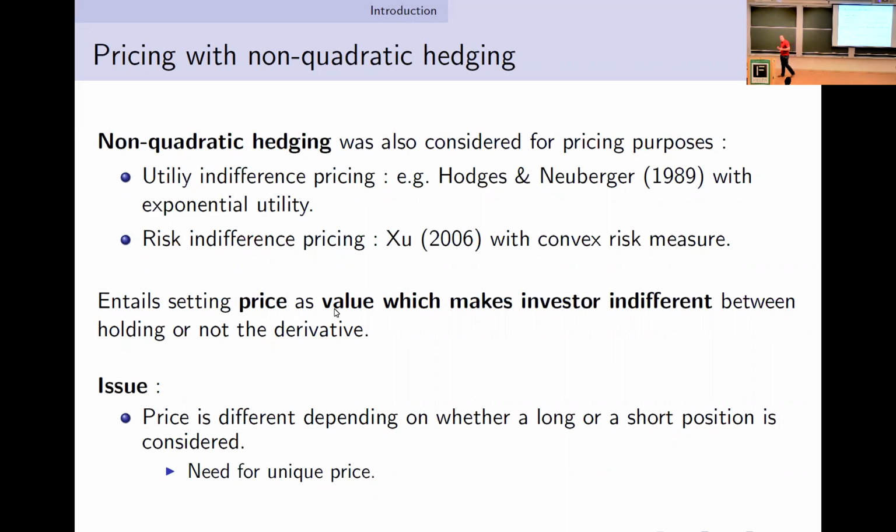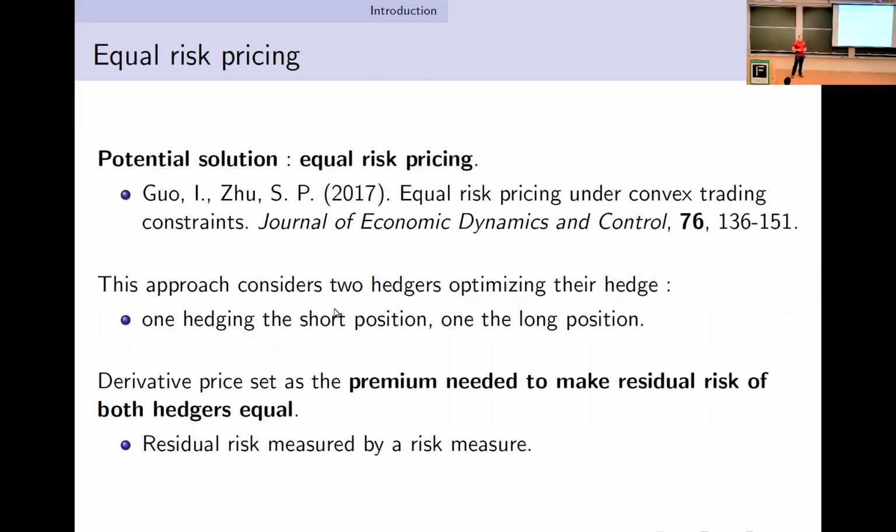So these are great methods. But again, there's an issue associated with these: the price might be different if you consider hedging a long strategy or a short strategy. Whereas in practice, if you want to trade an option, you need a unique transactional price for both the long and the short position. So we'd like a method which addresses that issue once more.